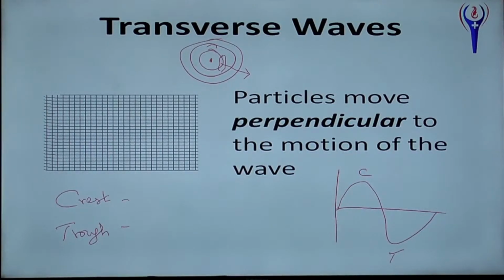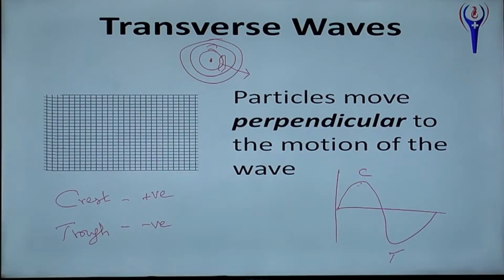What is a crest? Crest is the maximum displacement along the positive direction. This is the crest. Trough is the maximum displacement along the negative direction. What is a trough?